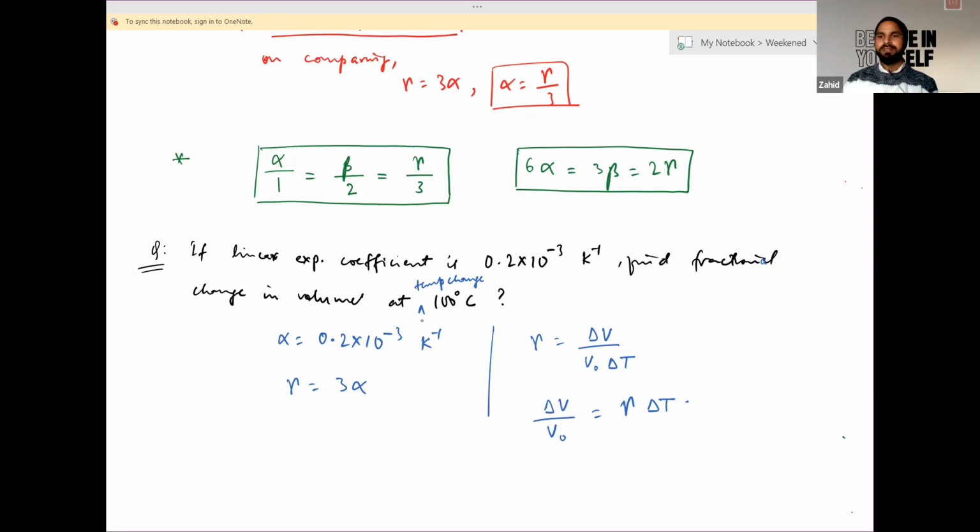Amina, just check your calculation. You have made a little mistake. Fawaz, just check your calculation. 100 will be 10 to the power plus 2.